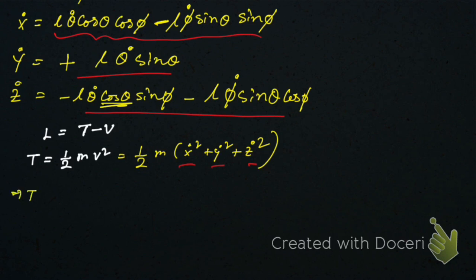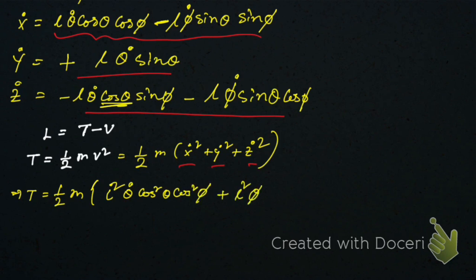So then T will be equal to half m, and here you will get L square theta dot square cos square theta cos square phi plus L square phi dot square sin square theta sin square phi, minus 2, then that means we have used here the a minus b whole square formula, that is a square plus b square minus twice ab.